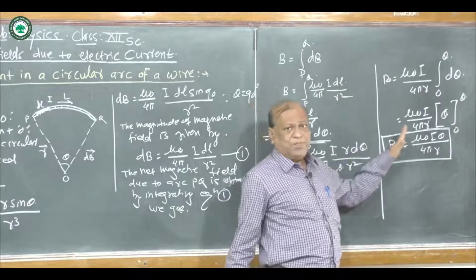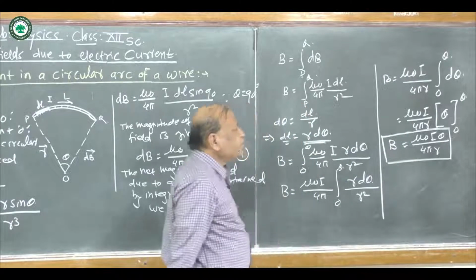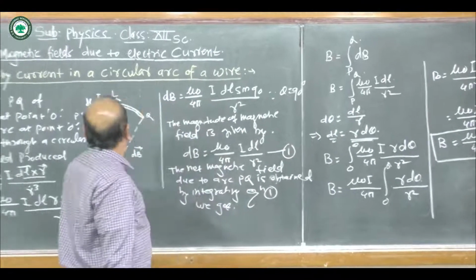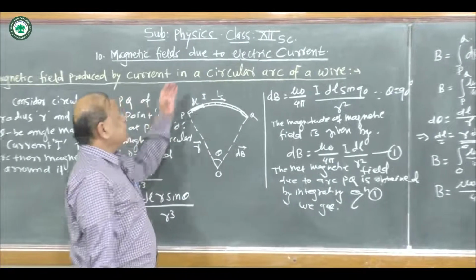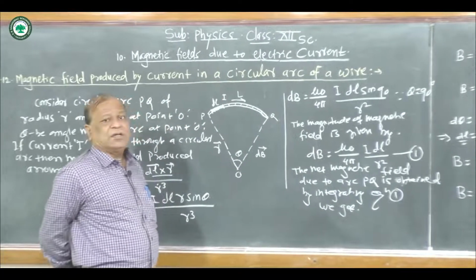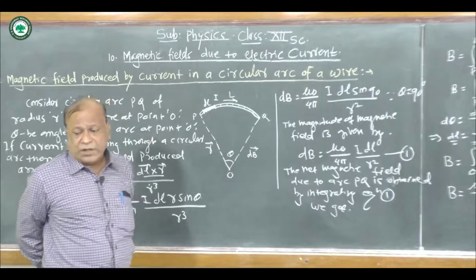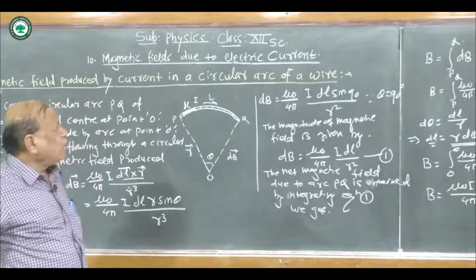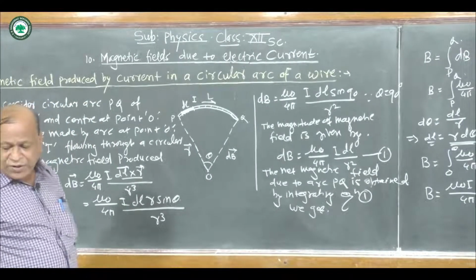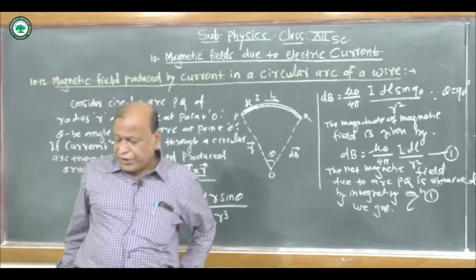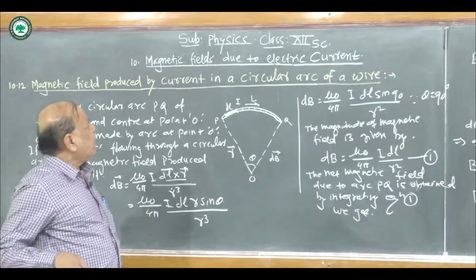Using this formula, we can calculate the magnetic field produced by current in a circular arc of a wire. And from this, we can find the magnetic field at the center.